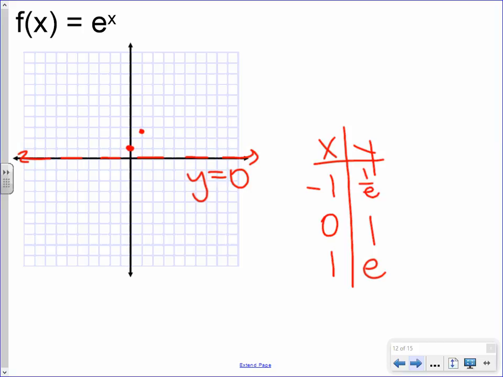Can somebody approximate 1 over e for me? You may want to know where your e button is on your calculator, so it would not be a bad idea to get them out. You're going to need them pretty soon anyway. .367, right there. And can everyone find their e button?